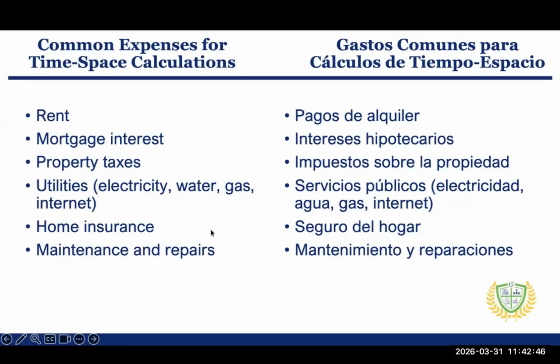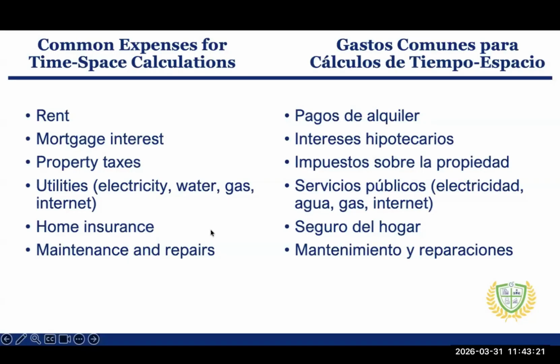So if you have a dedicated phone line for your childcare business, if you have outdoor play equipment used only by the children in your care, or if you have specific toys or educational materials, these are exclusive use expenses, so they can be deducted at 100%. Time space is only applied to the expenses that are shared between personal use and business use.